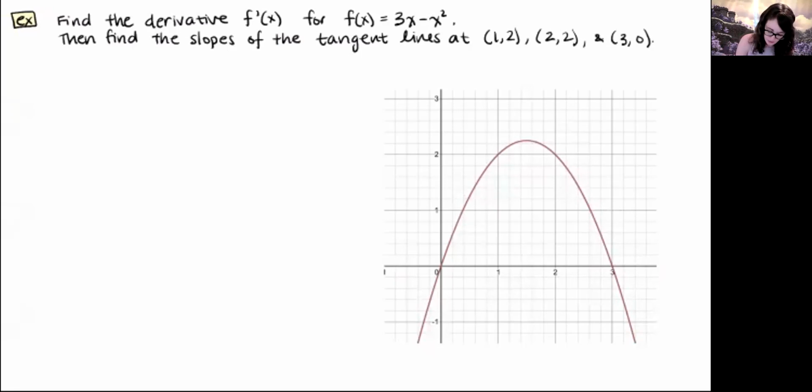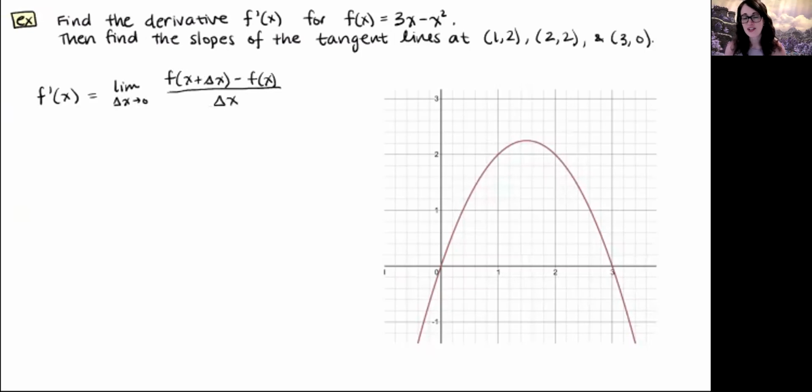From the previous video, we remember, I hope, or maybe look back at your notes, what the formula for the derivative is. We've got f prime of x equals the limit as delta x approaches 0 of f of x plus delta x minus f of x all over delta x.